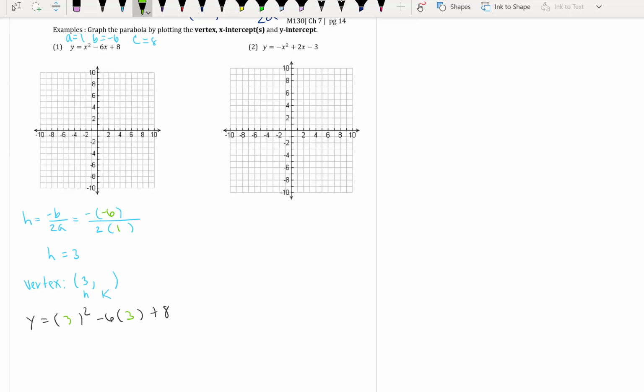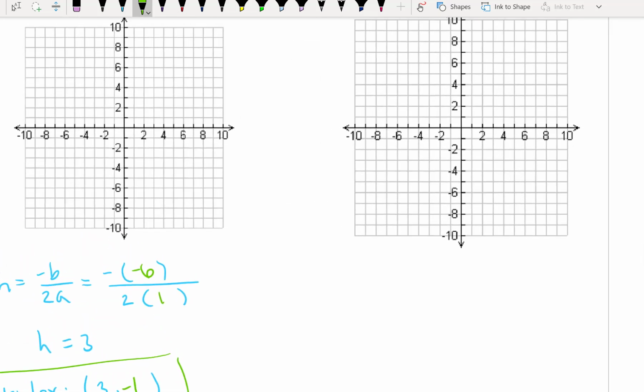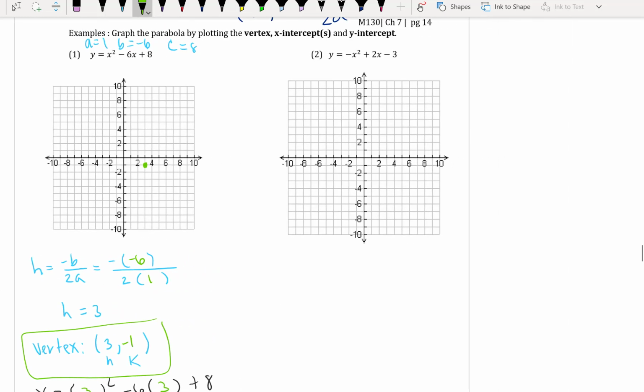So I have 3 squared minus 6 times 3 plus 8, which gives me a negative 1. So now I know that my vertex, I found that, and it's 3, negative 1. So there is my vertex, 3, negative 1.